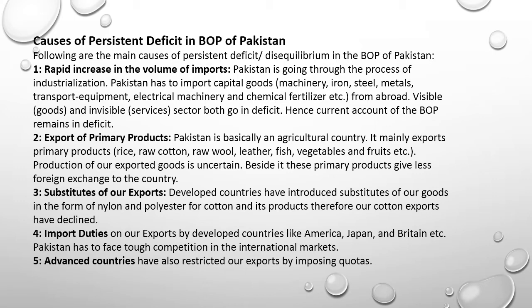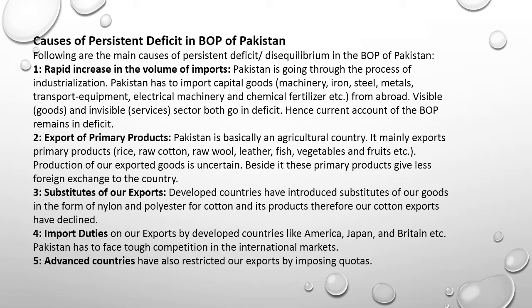Number three, substitutes of our exports. Developed countries have introduced substitutes of our goods in the form of nylon and polyester for cotton and its products. Therefore, our cotton exports have declined.